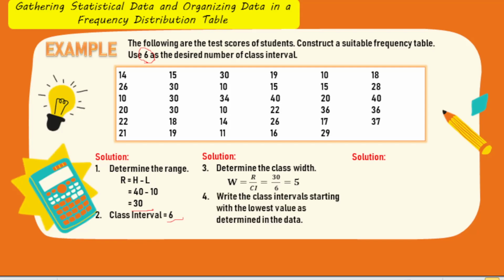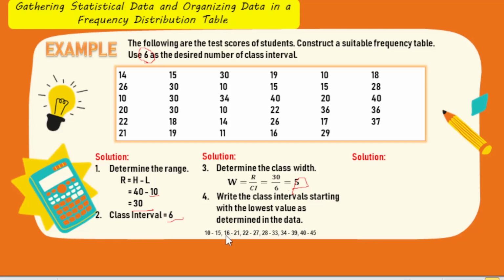Step 4, write the class intervals starting with the lowest value as determined in the data. Our lowest value earlier was 10, right? So, 10 is our lowest value. This means our class intervals will start at 10. Then, we just add 5 each time. So, our class intervals will be 10 to 15. 10 plus 5 is 15.